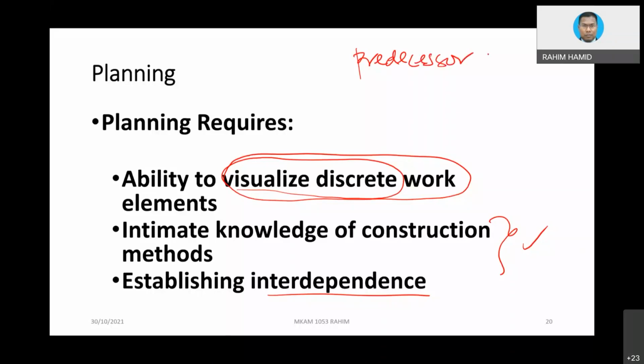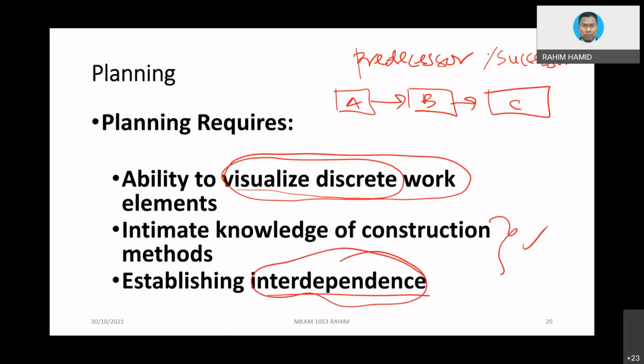Let's say activity A. We do have in a different slide later on, B and then C. So the concept of predecessor, then there is another concept of successor. That is the terminology used in order to show interdependence between activities, or the logic relationship.